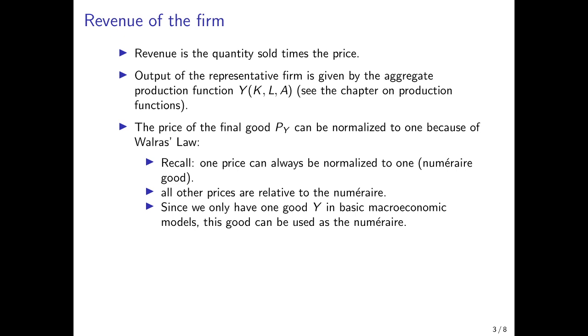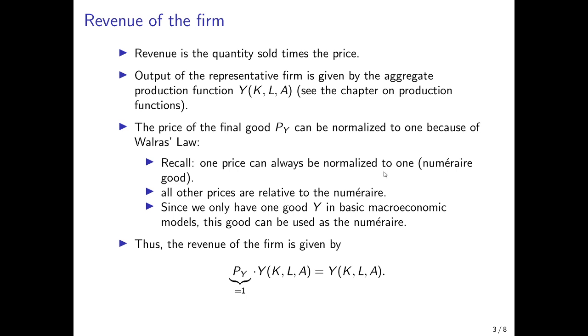Since in such a basic macroeconomic model there is only one good, the final consumption good that all the individuals in the economy consume, we can normalize this price to 1. So the revenue of the firm is given by the quantity, which is the production function, multiplied by the price, which is normalized to 1. So the revenue of the firm is the same as its output.